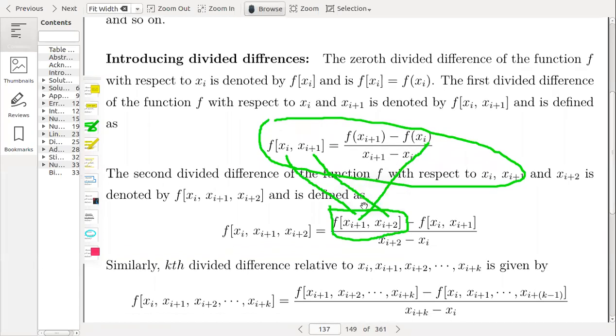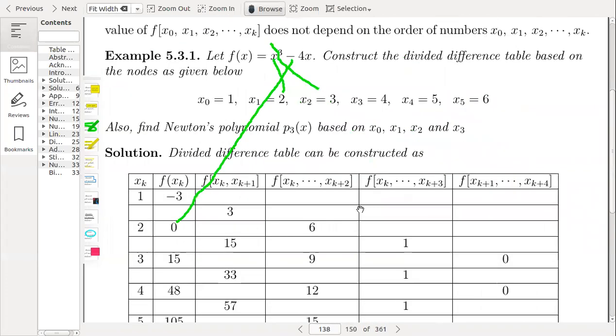So what is the difference of the consecutive points? 2 minus 1, 1. 3 minus 2, 1. 4 minus 3, 1. 5 minus 4, 1. 6 minus 5, 1. So denominator is actually 1.